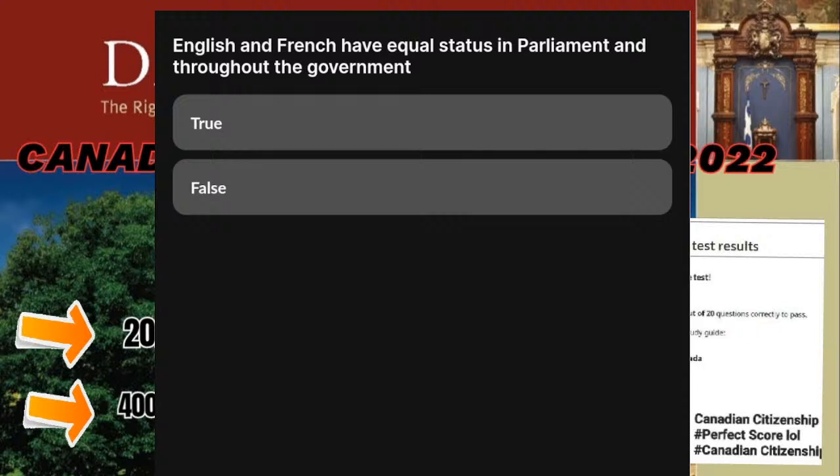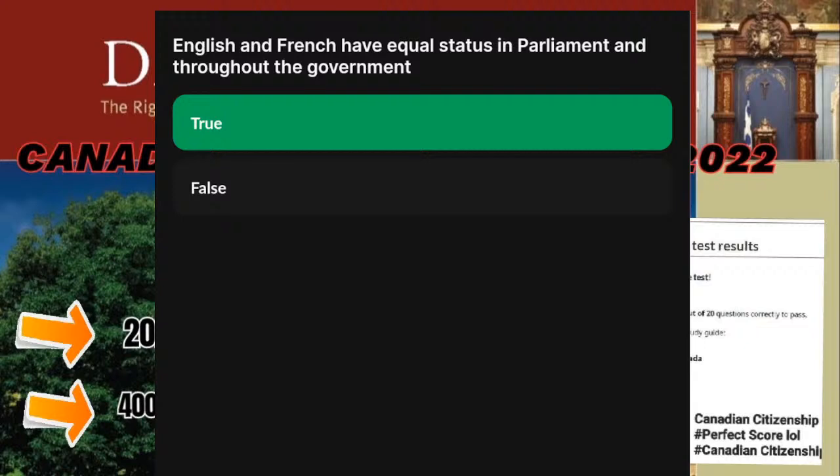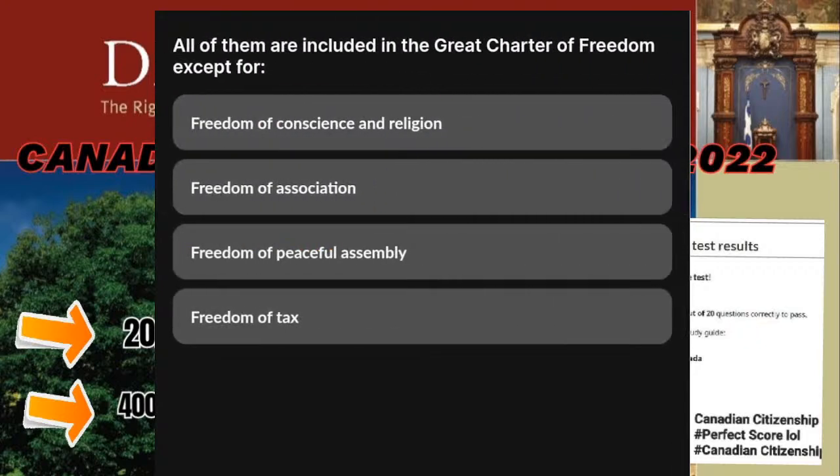Next question. English and French have equal status in Parliament and throughout the government. Is it true or is it false? And the answer is it is true. Next question. All of them are included in the Great Charter of Freedom except for freedom of conscience and religion, freedom of association, freedom of peaceful assembly, or the freedom of tax.